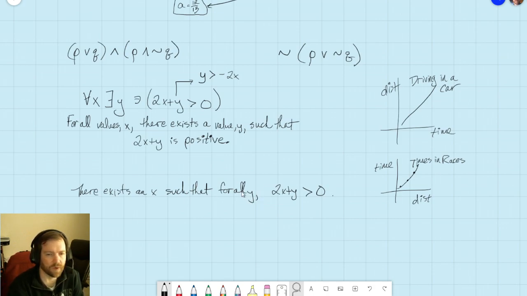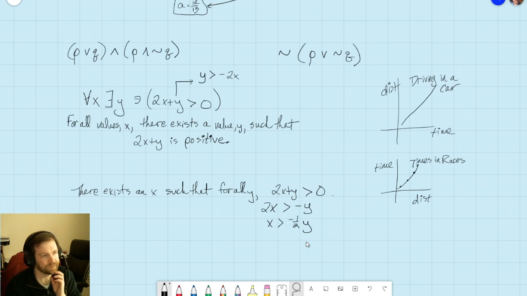And if we go the other way, solve for x: 2x is greater than negative y, x is greater than negative 1/2 y. So this is saying that we could actually choose y values such that this fails. This is saying that this should always work, but actually, this has bounds.